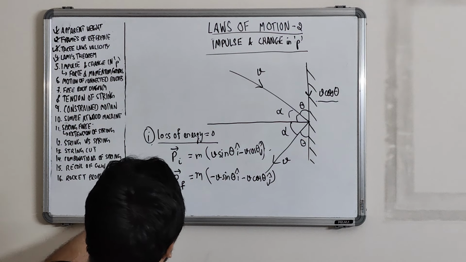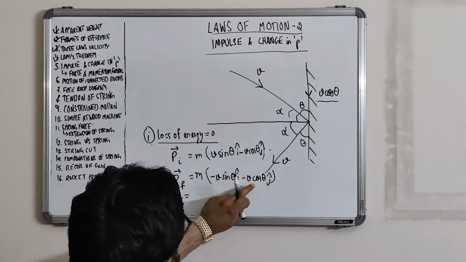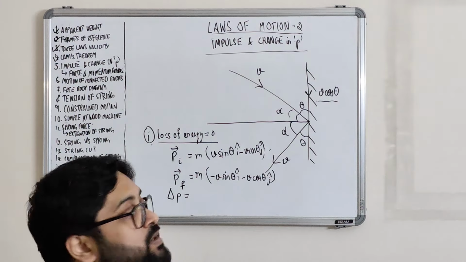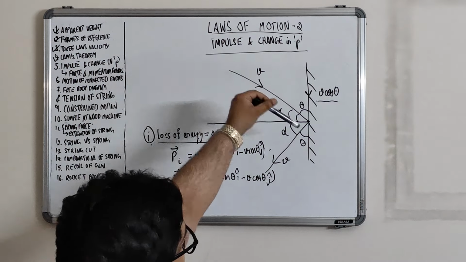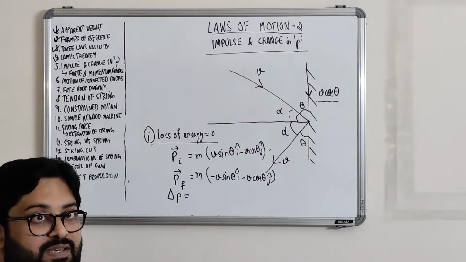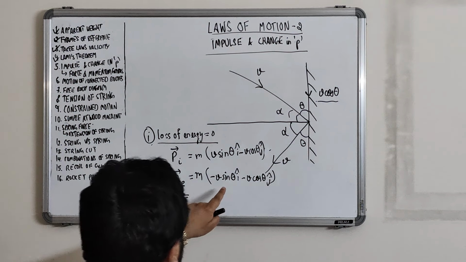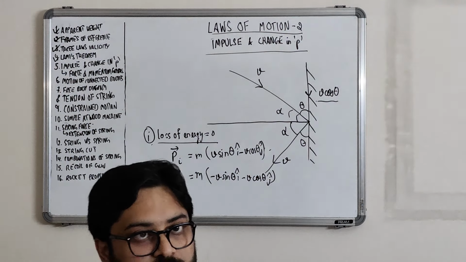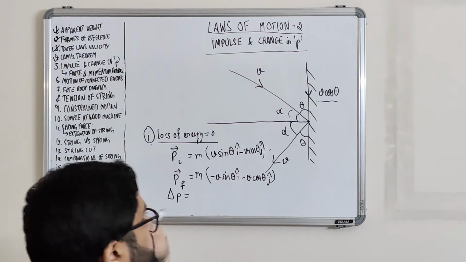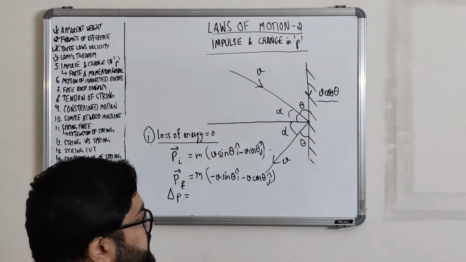So delta p, now as you can see, the y component is not changing, which is quite obvious, because the ball is moving downwards. It's not going up. Obviously the y component is not changing, because gravity is not working in that. Let's assume that. Right now, in this case, gravity is not affecting it.